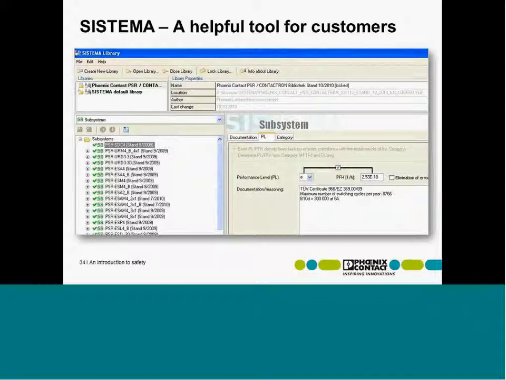The next good thing is that more or less every component supplier supports this tool with a product library. As you see here, that's the Phoenix Contact library, and it will be updated continuously. So you will find all component values of the data sheet as part of the library here. That makes life easier when using this tool to select the right safety functions, the requirement level, and all the details we have discussed before.